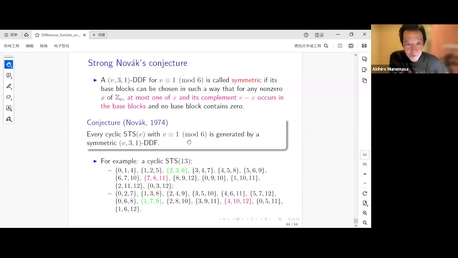For example, if the number of orbits exceeds v over k, then obviously you cannot choose disjoint base blocks. Does such a case occur, or does it never occur?